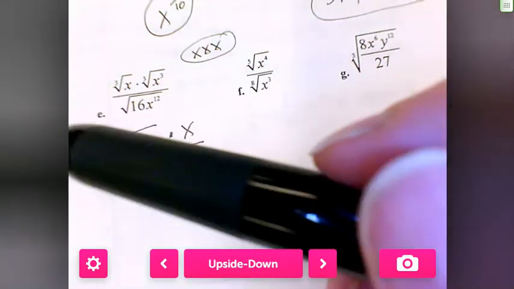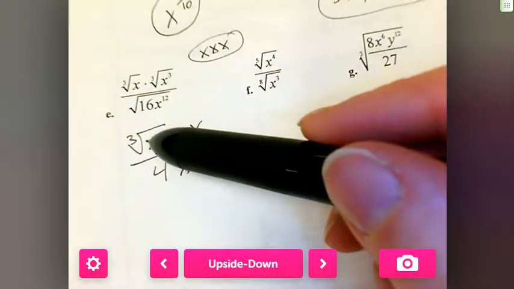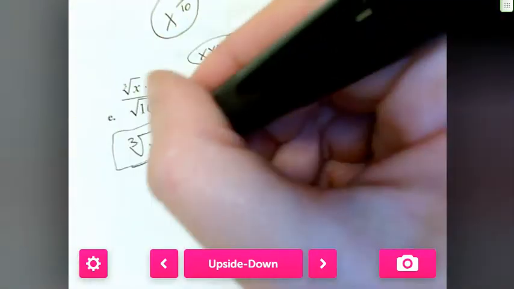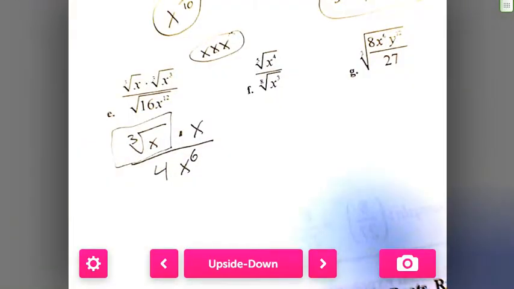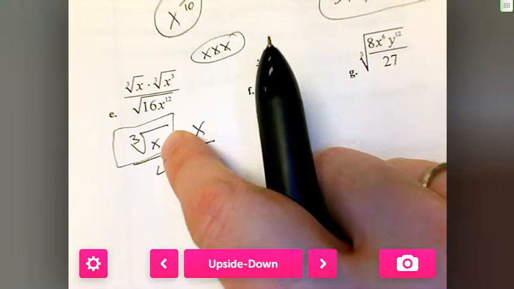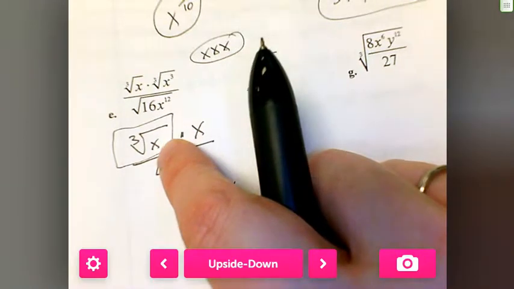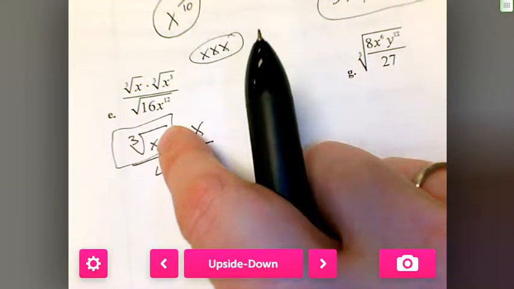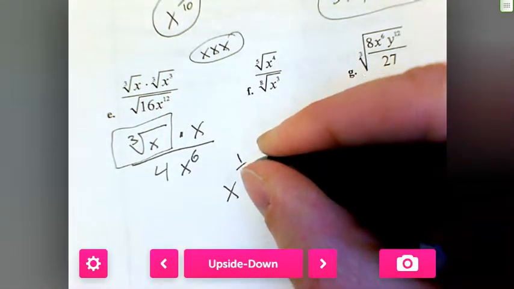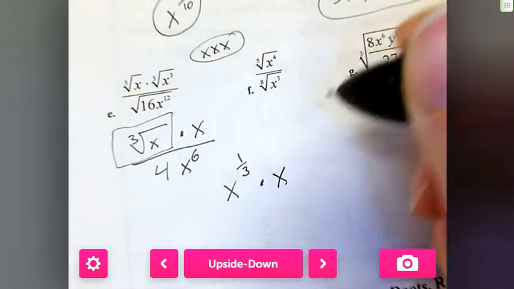Do you guys remember what I can turn this into if I was going to change this to an exponent instead of a third root? Is x being raised to any number on the inside? Is there any little exponent next to x? So it's the third root, so that's to the 1/3. So I have x to the 1/3 times x to the 1.